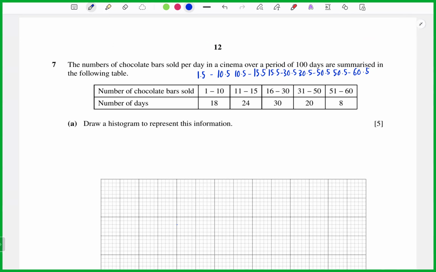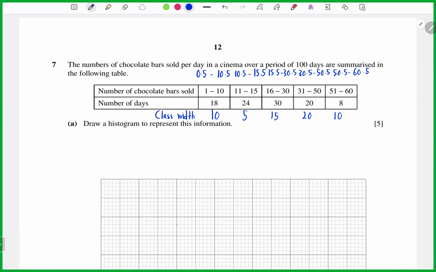Now you try to find the class width first. So 15.5 minus 10.5 equals 5. 13.5 minus 15.5, so here is 15. 15.5 minus 13.5, here's 20. 16.5 minus 15.5, tenths.